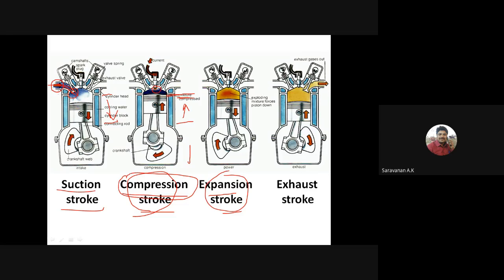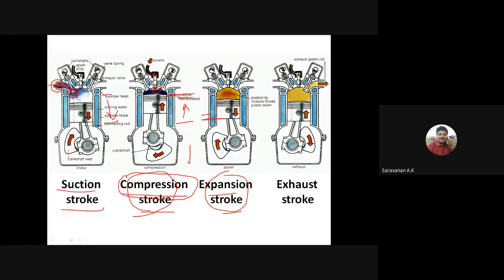When does the power stroke end? The piston moves to the BDC position, and slightly before the BDC position, the combustion process will be over. So this is called the expansion stroke.